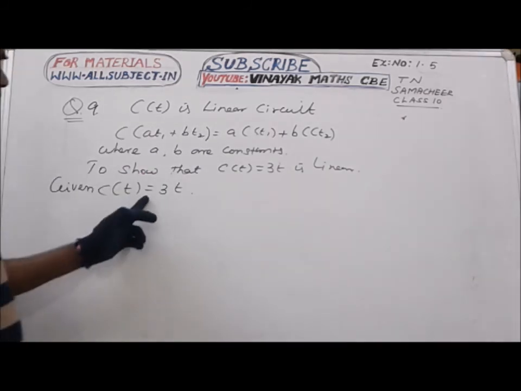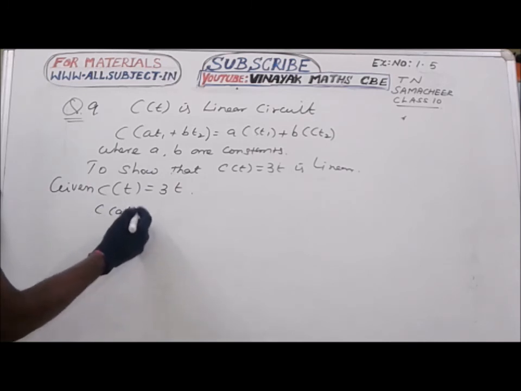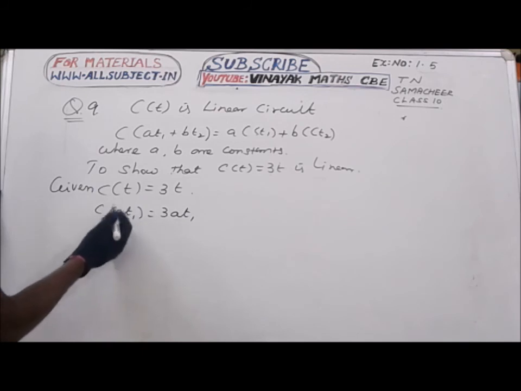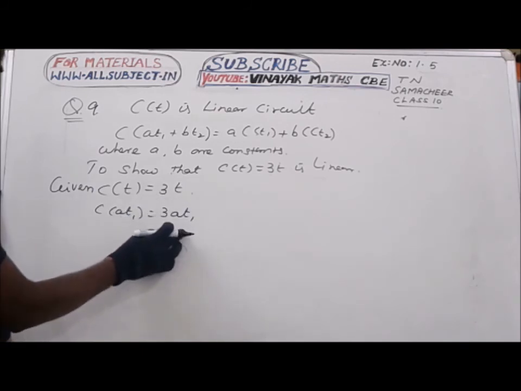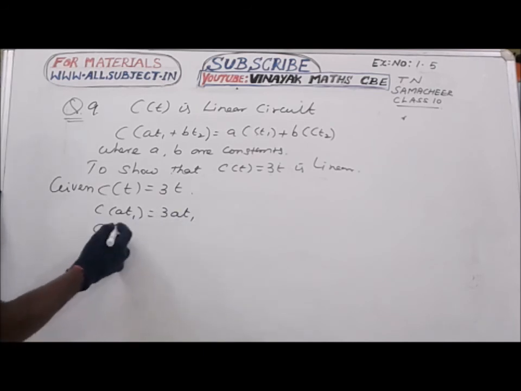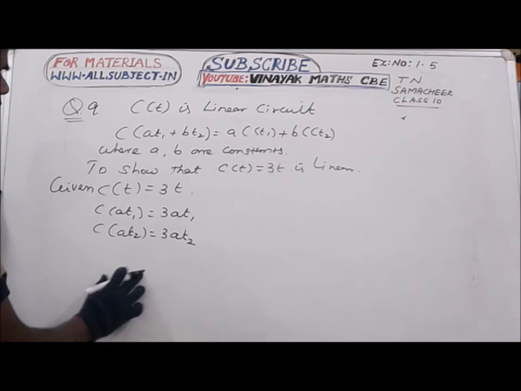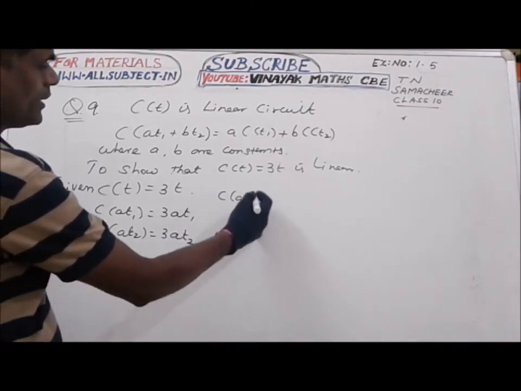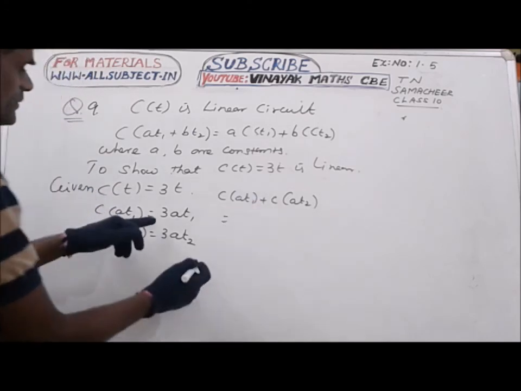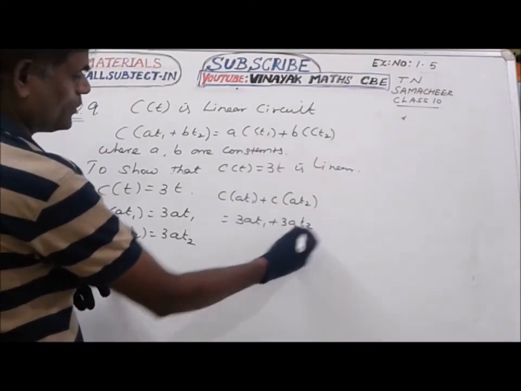Now given C of t equal to 3t, here C of at1 equal to 3 into at1. Instead of t I have substituted at1. And C of at2 equal to 3 into at2. Now C of at1 plus C of at2, adding these two results, 3at1 plus 3at2.